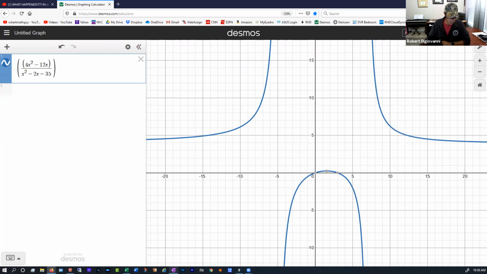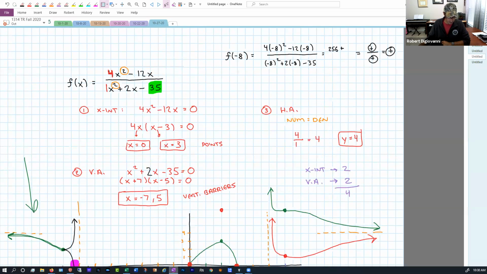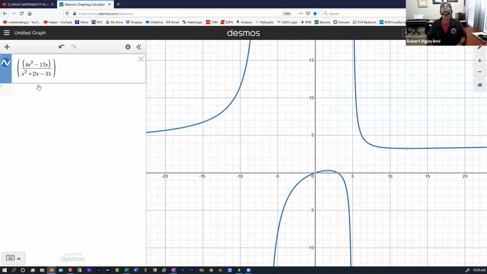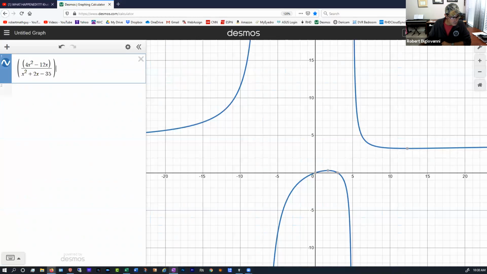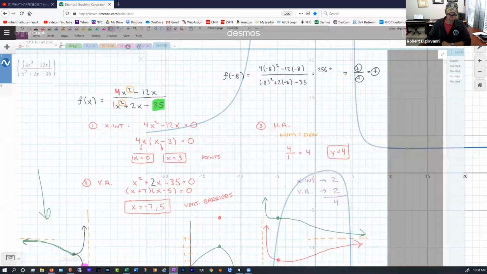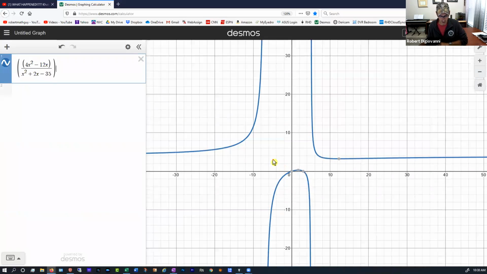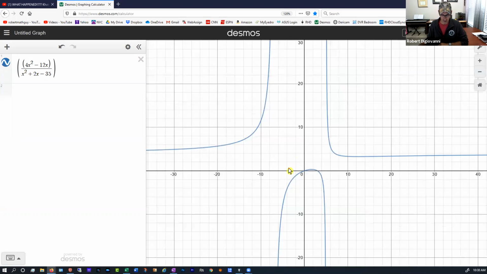That isn't right. It better not be right. Plus 2x. Okay, it was plus 2x. Boy, that plus makes a huge difference. Oh, I'm zoomed out. Okay, sorry. I was zoomed in too much. Let's see. Does that look like ours?